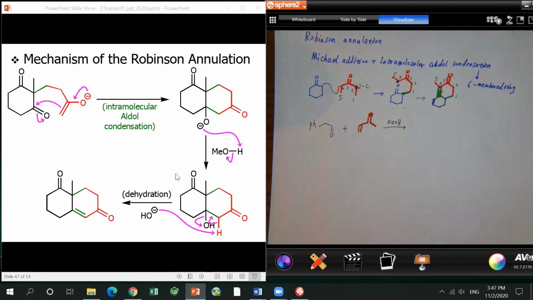And then the second step, you have to try to orient the molecule, okay. So put the alpha carbon from the alpha beta unsaturated ketone close to the carbonyl group of the other molecule, okay. So try to make a 6-membered ring, okay.